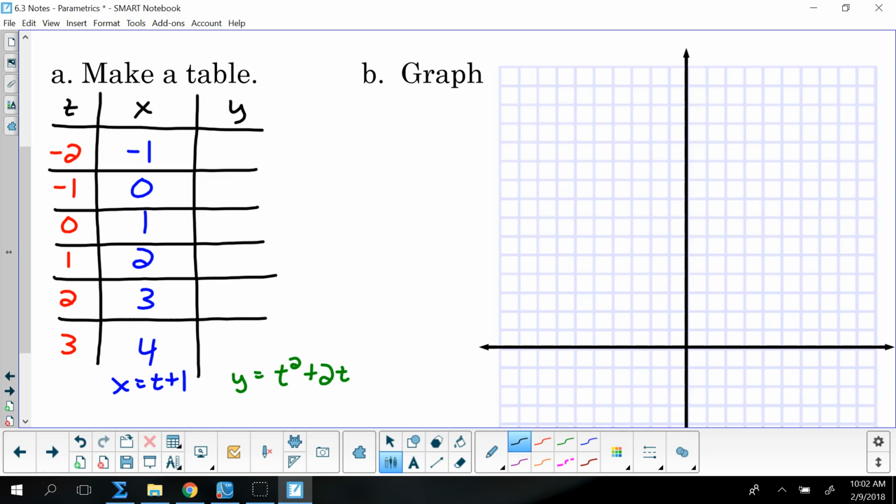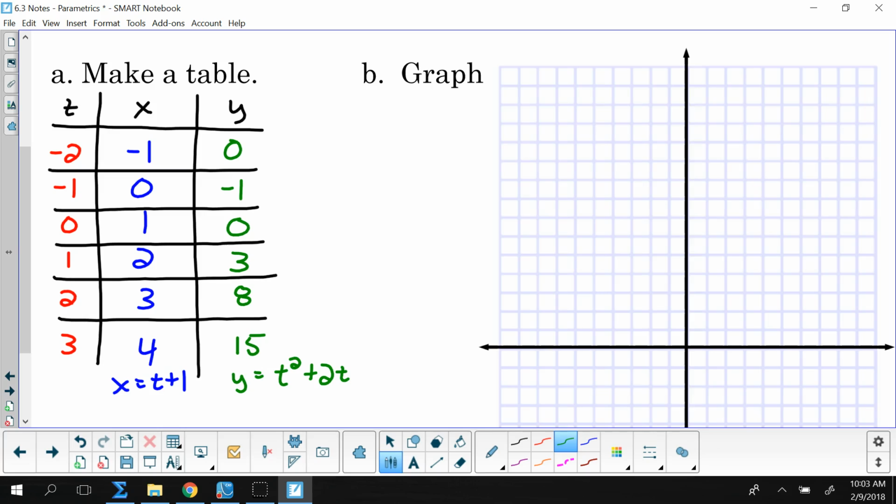Then I gotta plug those t values into my y. -2 squared plus 2 times -2, 0. -1 squared plus 2 times -1, -1. 0 squared plus 2 times 0, 0. 1 squared plus 2 times 1, 3. 2 squared plus 2 times 2, 8. 3 squared plus 2 times 3, 15.